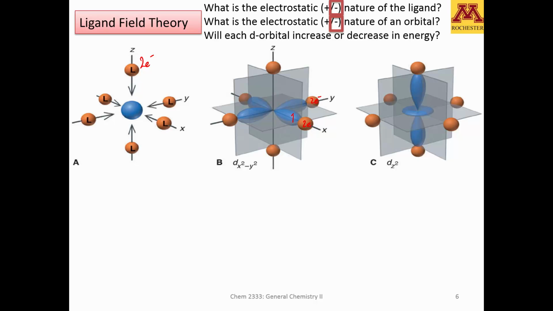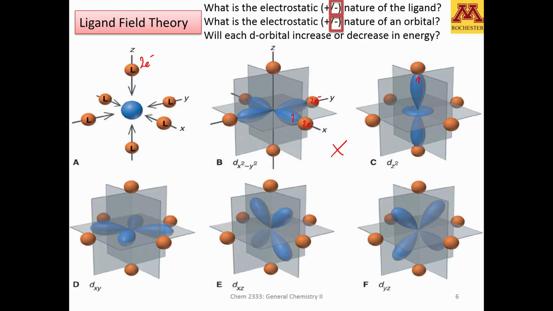Because if you place an electron here or an electron here, there will be repulsion between the electrons of the ligand and the electrons of the metal. So these will be more unstable than if the ligands were not approaching. However, notice that the other three d orbitals, if you approach, there is no overlap for any of these. So this means that the repulsion is lower than these up here. Therefore, these three will be more stable than these two up here.